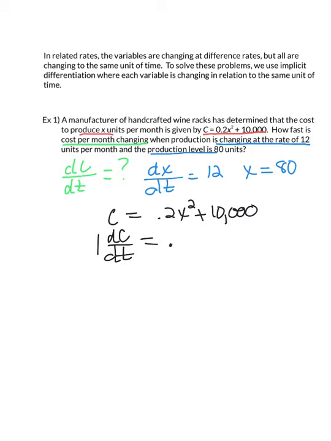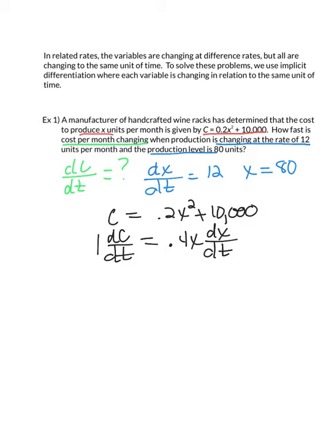That's going to be 0.4x. So you just do your derivative, but then as soon as you write your derivative, you must write d variable, in this case dx, over dt. And then the derivative of the 10,000 is just 0, so we don't need to write that.